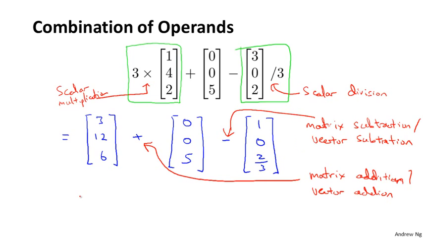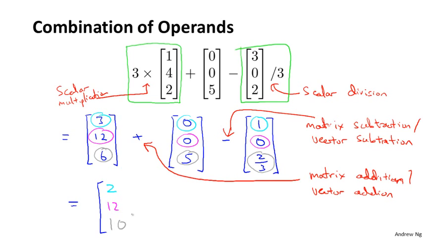Okay? And finally, to wrap this up, this gives me a vector whose first element is 3 plus 0 minus 1, so that's 3 minus 1, which is 2. The second element is 12 plus 0 minus 0, which is 12. And the third element is 6 plus 5 minus 2/3, which is 11 minus 2/3, so that's 10 and 1/3.